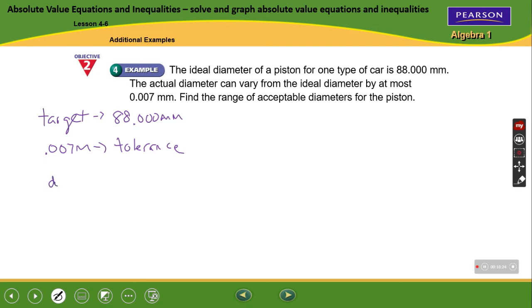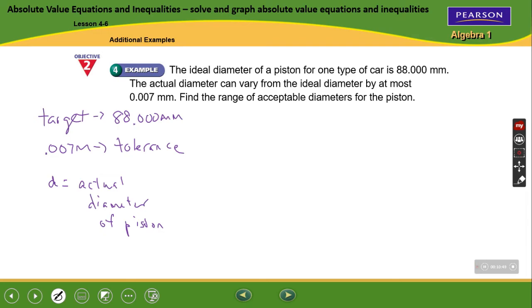So we're going to identify a variable, d. D is going to equal the actual diameter of whatever piston we've created. So D is the actual diameter of the piston. I apologize for my writing. It's much more difficult to do on my laptop than it is on my screen at work.